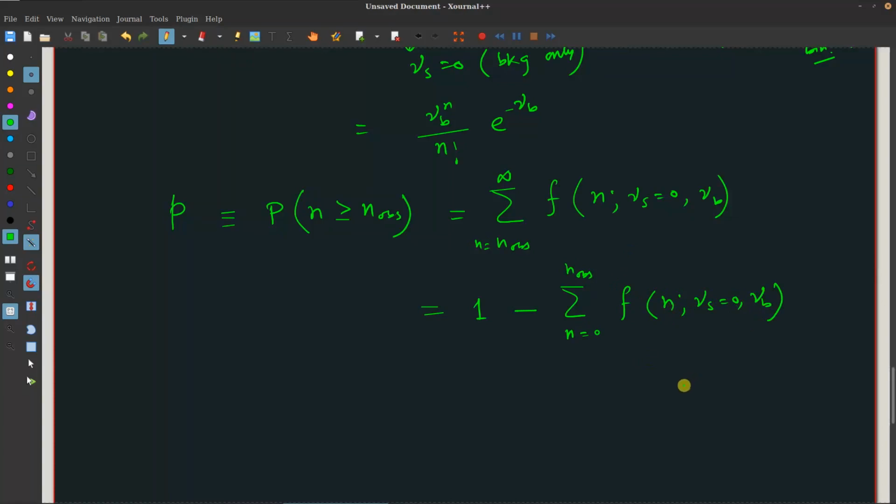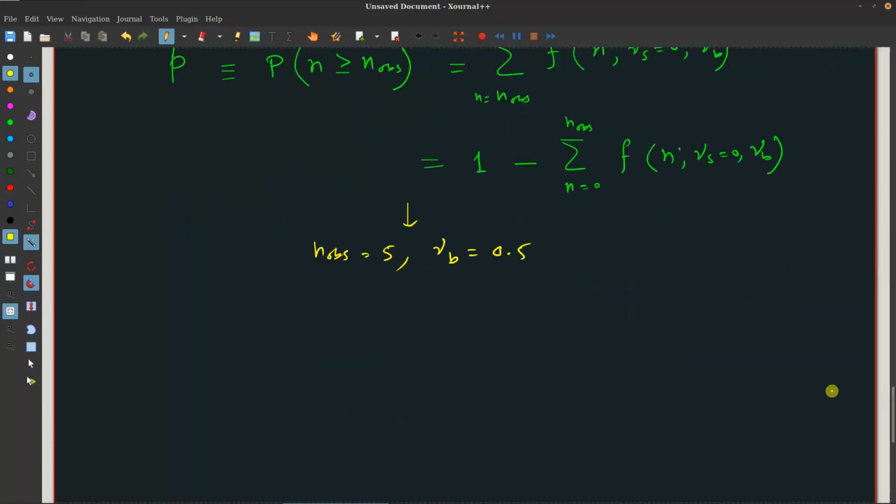Now if you plug in n observed equals 5 and nu background equals 0.5, then you should get this p value, that is the probability of observing n greater than or equal to 5 given my signal nu s is 0 and nu b equals 0.5.